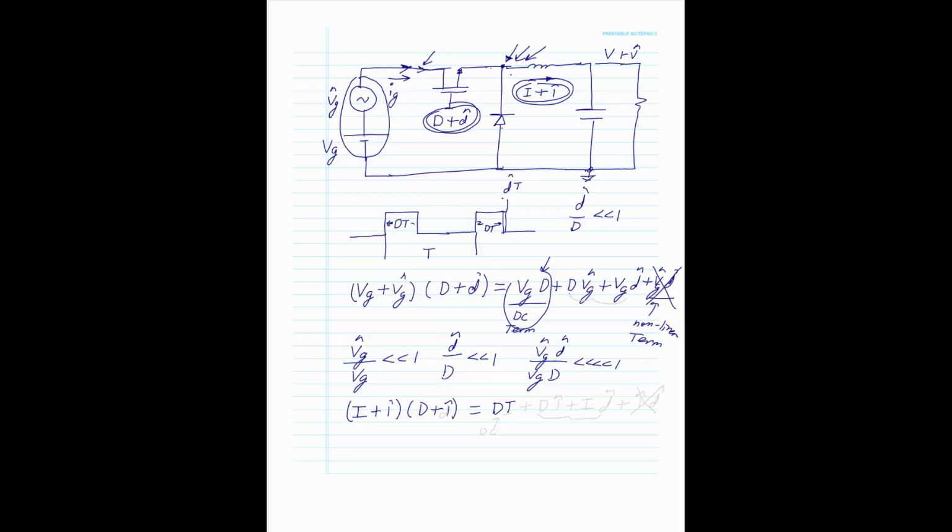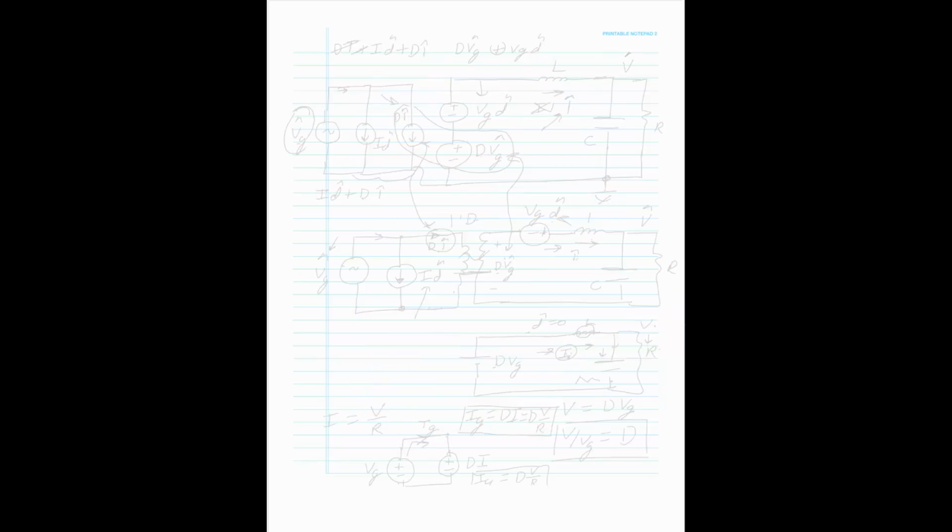So again, we're going to have a DC term, a DC times an AC, and another AC term. I'm sorry, this is I plus I hat, this is D hat. And we're going to have I D hat. And then the last term is the nonlinear one. Again, we're going to ignore it for the same reason. We don't need the DC term. So we have two AC terms here, two AC terms here.